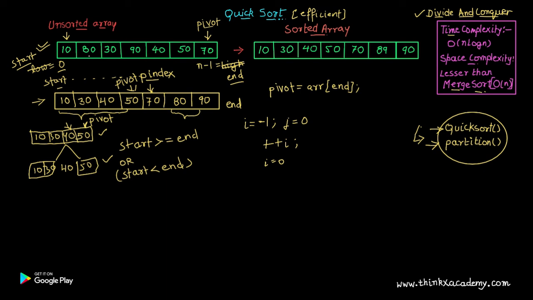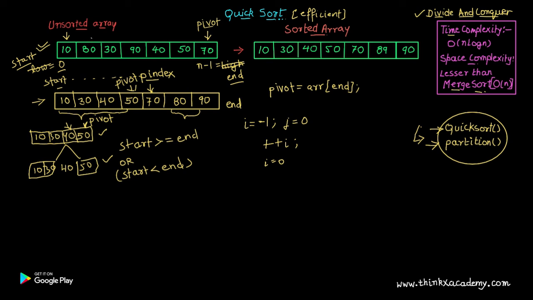Again we will compare this element with the pivot element, and since the condition is not true, we are not going to increment this partitioning index, because if we increment the partitioning index, it will violate the rule of partitioning. So the partitioning index will always be i+1.